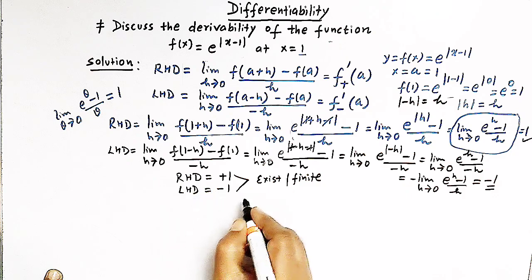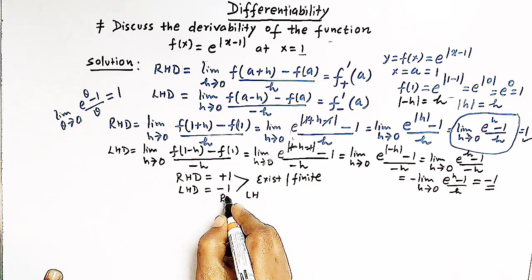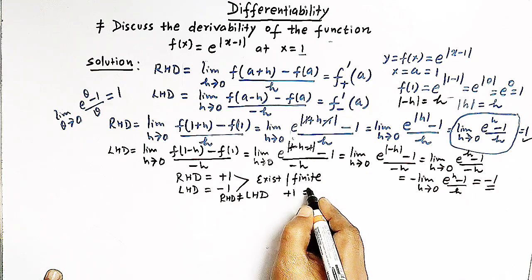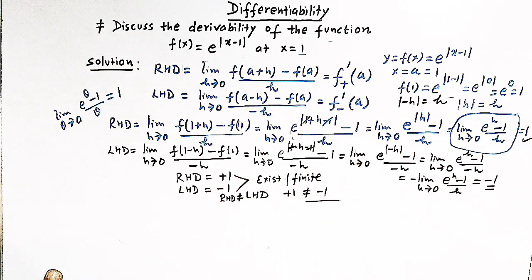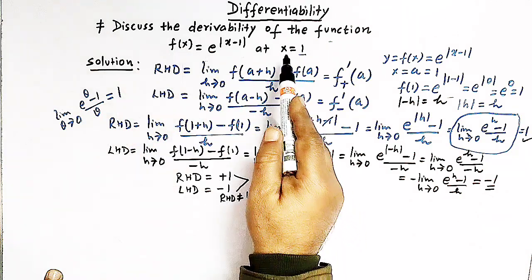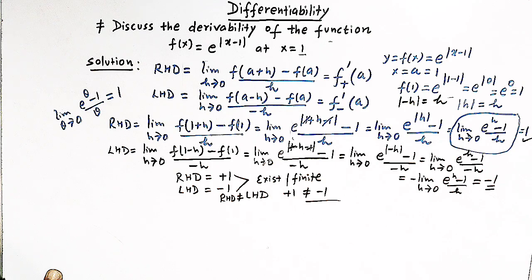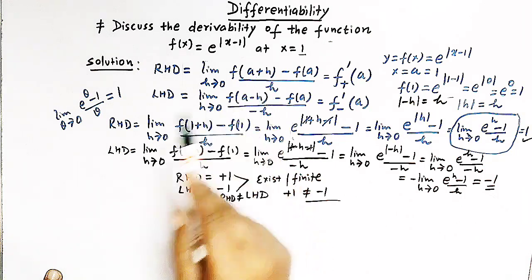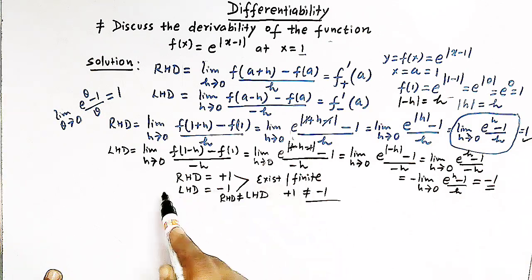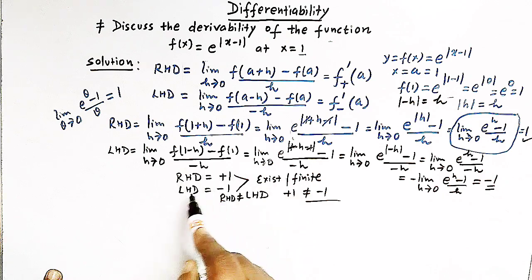But the right hand derivative is not equal to the left hand derivative, because plus 1 is not equal to minus 1, right? So we can conclude that this function is not differentiable at x is equal to 1, because for the differentiability of a function at a given point, say x is equal to 1, the right hand derivative and left hand derivative must exist, and they should be finite, and moreover the right hand derivative and left hand derivative should be equal to each other, right?